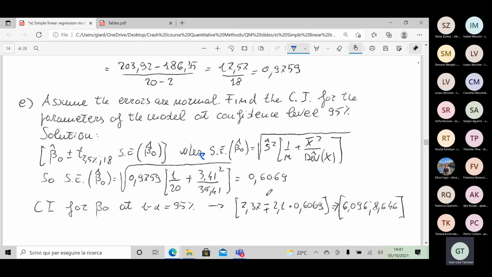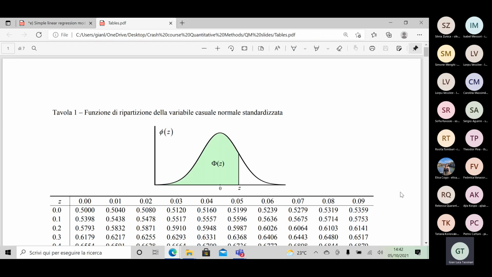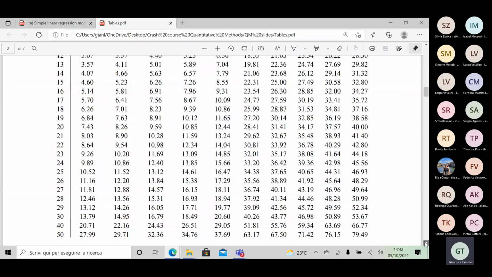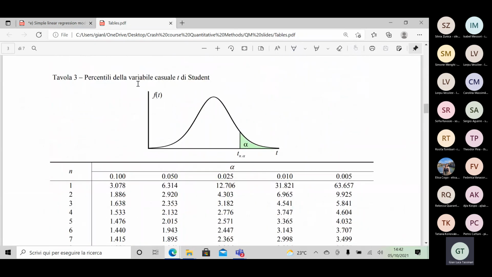We have this number, and we need now to find this value by using the table of the Student's t. So table 1, no, I think it's table 3. Yes, table 3, percentiles of the Student's t random variable. We want to find the value of the Student's t with 18 degrees of freedom, such that the amount of probability is alpha over 2. As I told you, alpha is 5%, alpha over 2 is 2.5%.